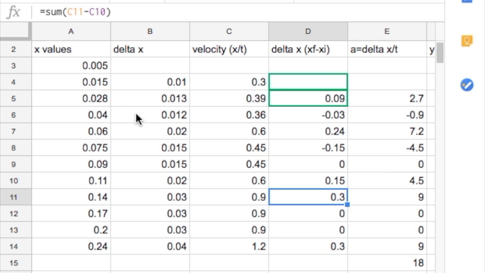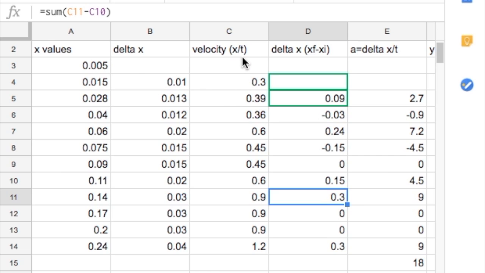Here we've created a spreadsheet on docs.google.com/spreadsheets. Here you will recognize our values which we read, but they've been converted to meters. So this was the X values, or the position of the trolley. Then here was this one minus that one, so it gave us the difference between this and that displacement.